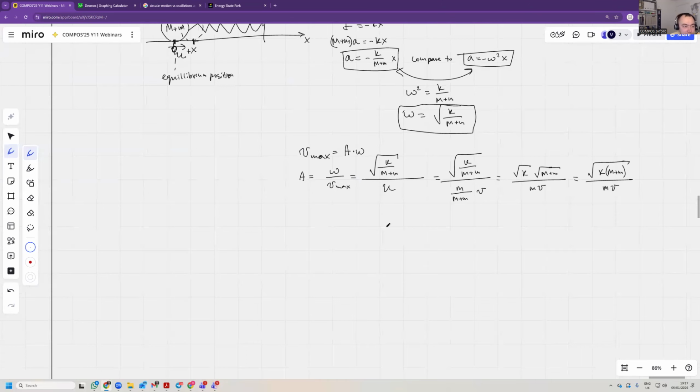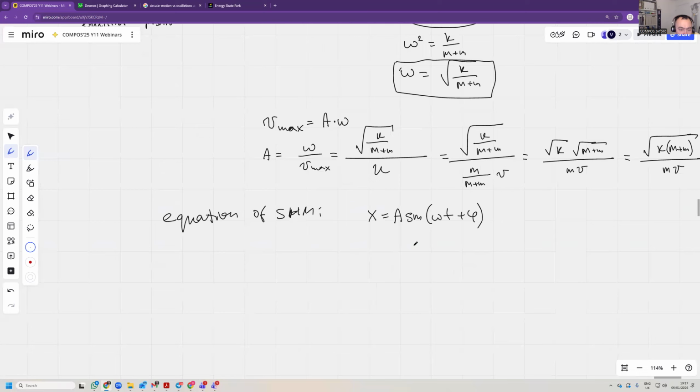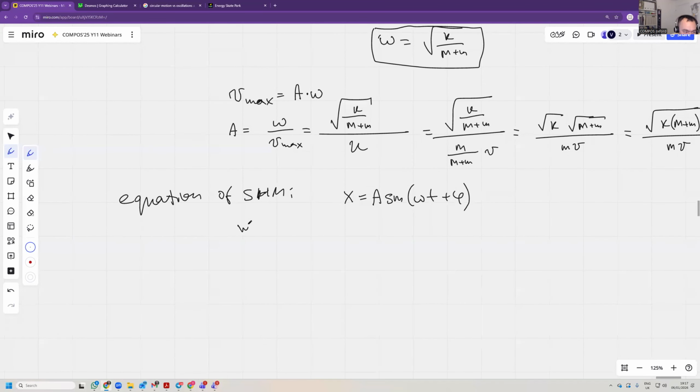Right. So the equation of simple harmonic motion is x equals A sine omega t plus phi. And we know that when t is 0, x is also 0.